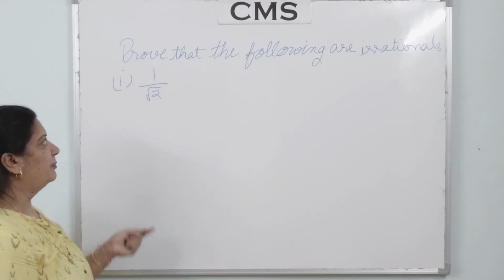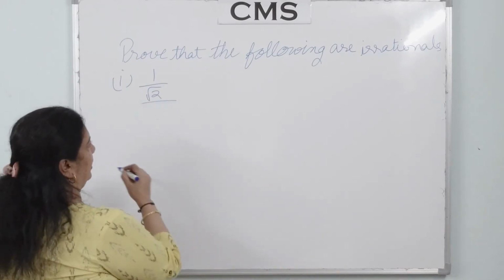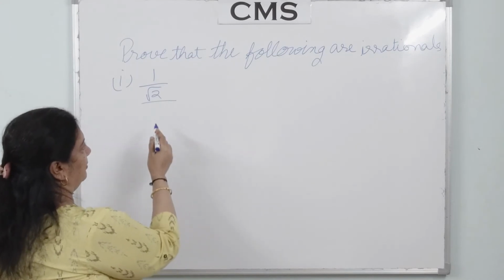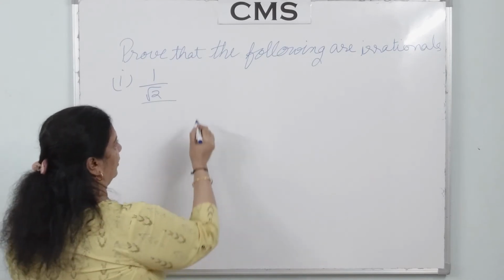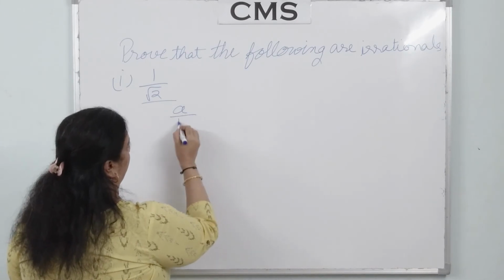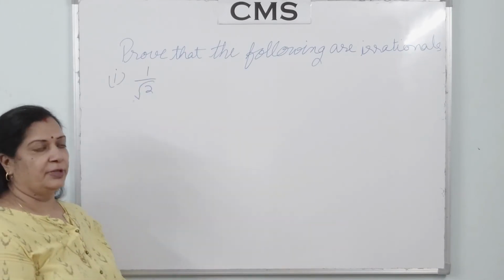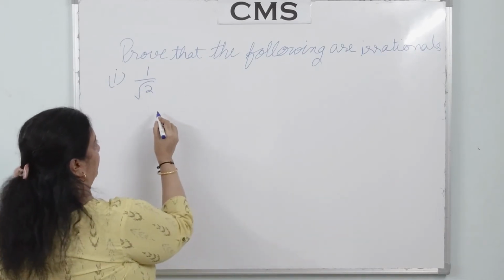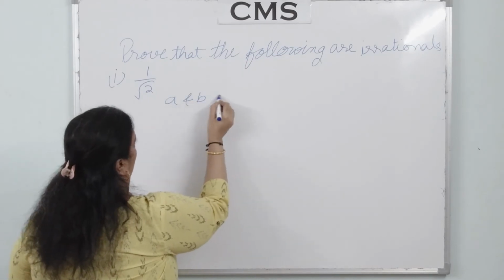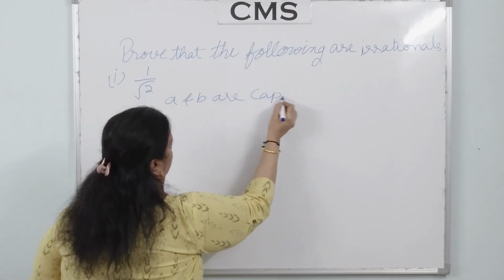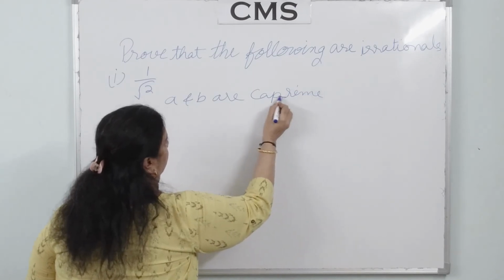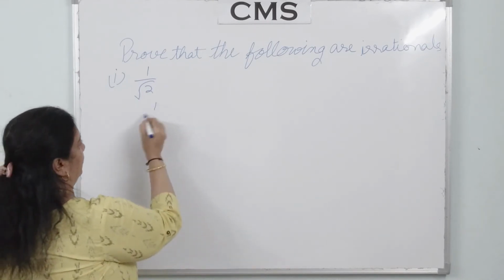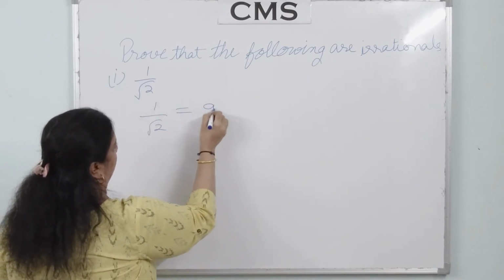Our first step is to assume that this is a rational number, in the form A by B, where A and B are co-prime. So we write 1 upon root 2 is equal to A upon B.